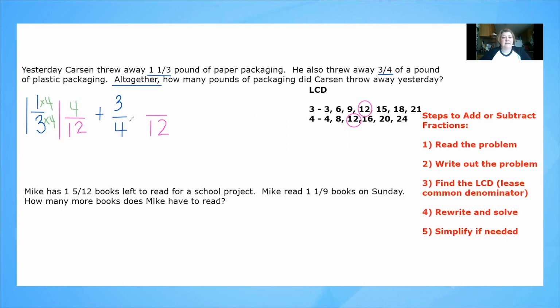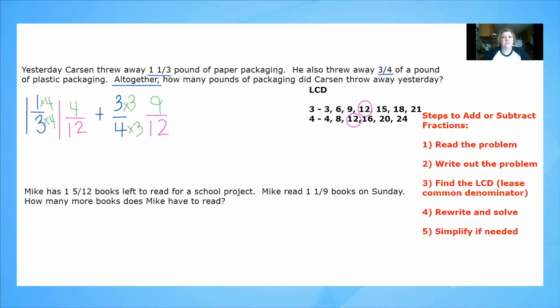Now we follow that same step over here and decide 4 times something equals 12. 4 times what equals 12? 1, 2, 3. 4 times 3 equals 12. And whatever we do to the bottom, we must do to the top. Very good. 3 times 3 is 9. We have now rewritten 1 1/3 as 1 4/12 and 3/4 as 9/12.